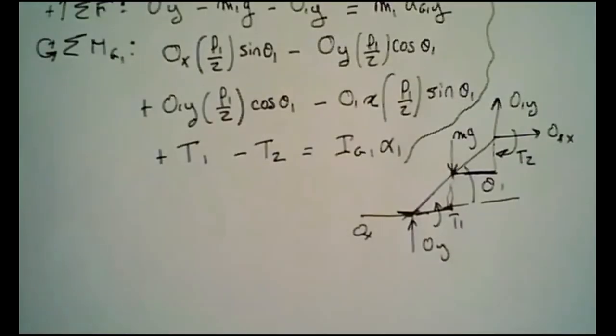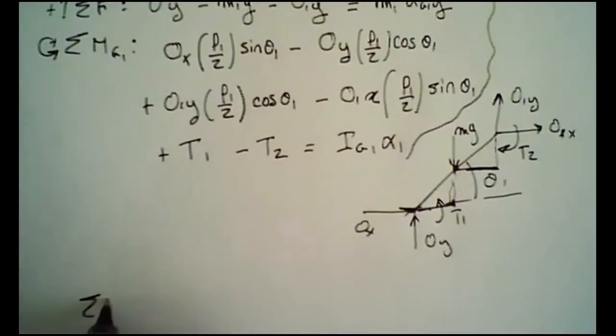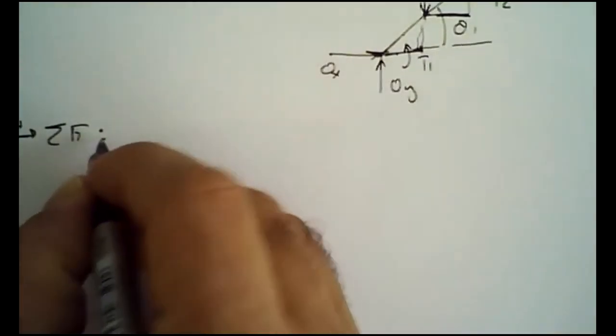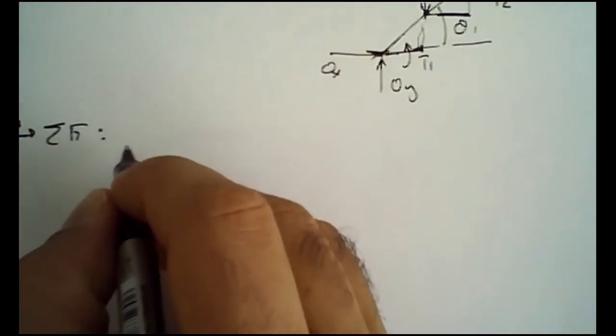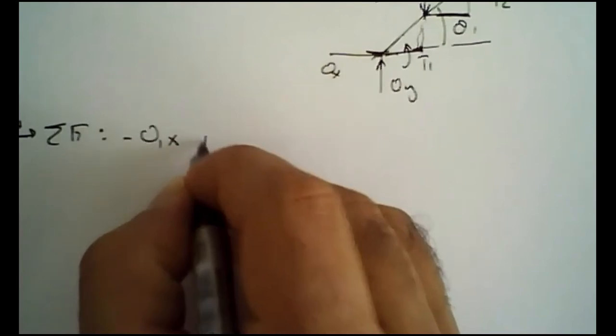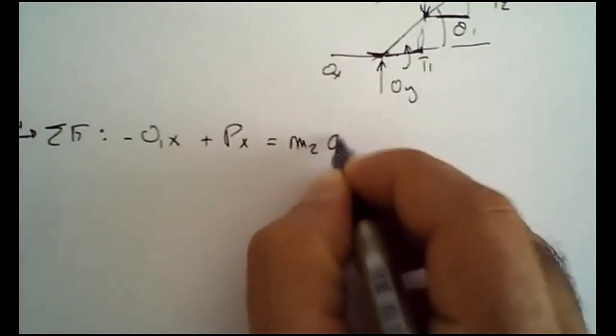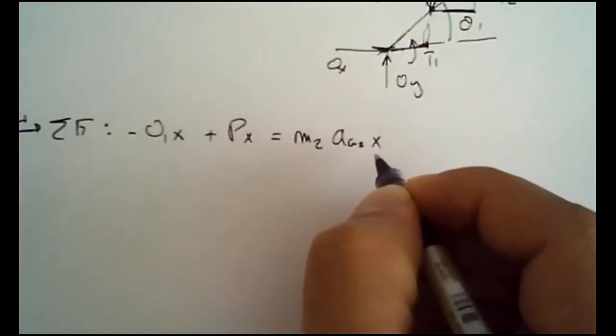And then for the second 3 equations, you have to do the same thing. So on link 2, I'm going to sum the forces in the x direction. I'm going to have minus O1x plus Px, if I have some other force, equal to M2 AG2x.